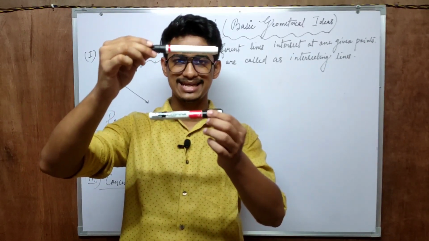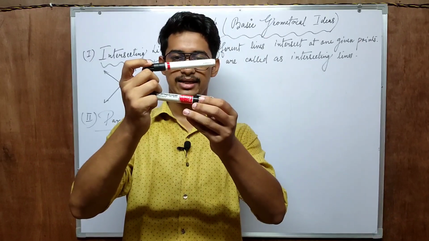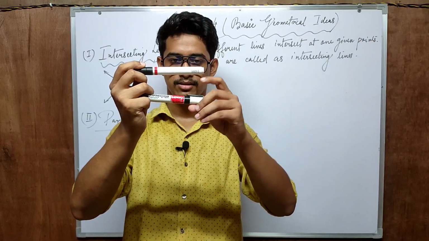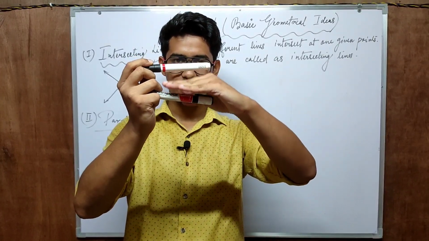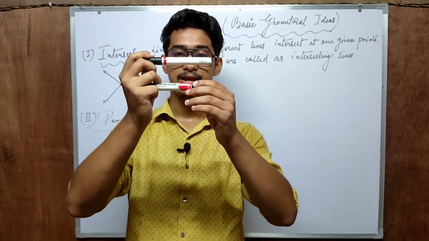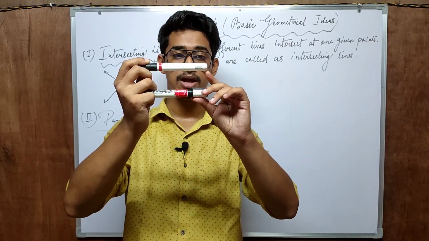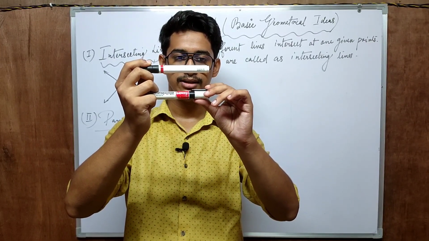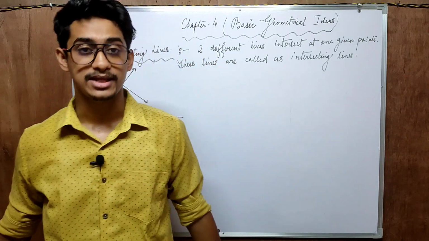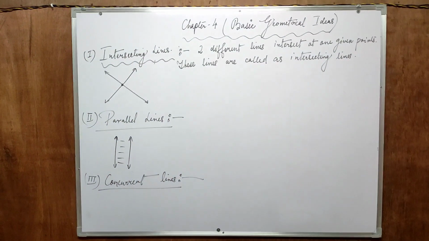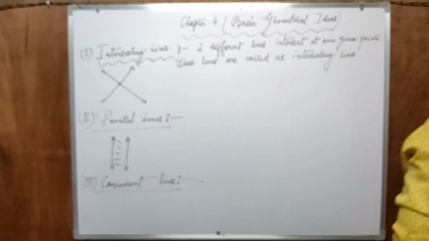At each and every point, this gap I am talking about is absolutely the same. If I compare from this part to this part, the gap is exactly the same as compared to this part and this part. So these type of lines are called parallel lines. So what will be the definition of these parallel lines?